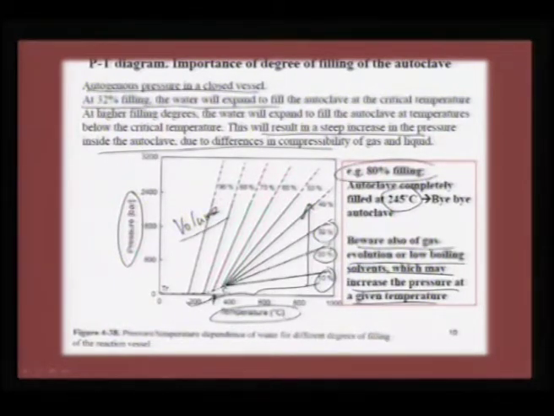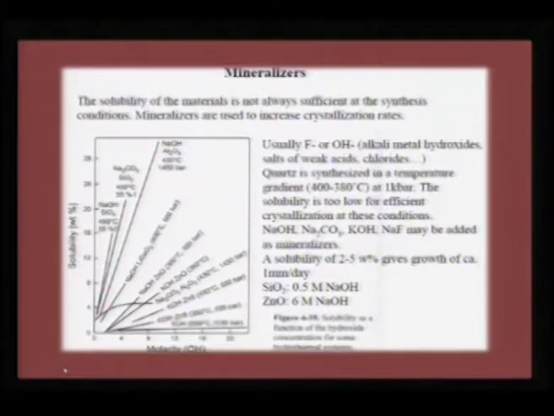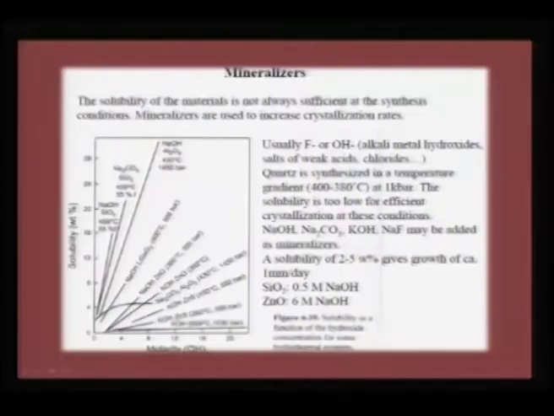So this is useful information that one should know, but in some cases the hydrothermal process is very reluctantly progressing, mainly because it needs some amount of catalyzing agent, which we call mineralizers. Such mineralizers are usually needed for the crystallization to occur. The solubility of the materials is not always sufficient, so mineralizers are generally used for the crystallization process.